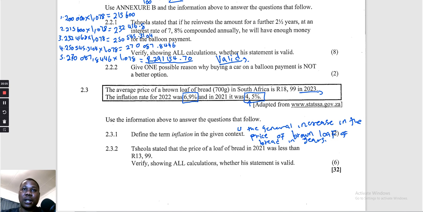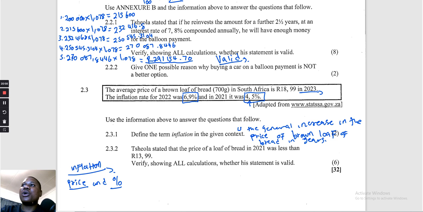First of all, when we work with inflation, let me just come in here and write. When we work with inflation, we deal with price and percentage. These two work together.